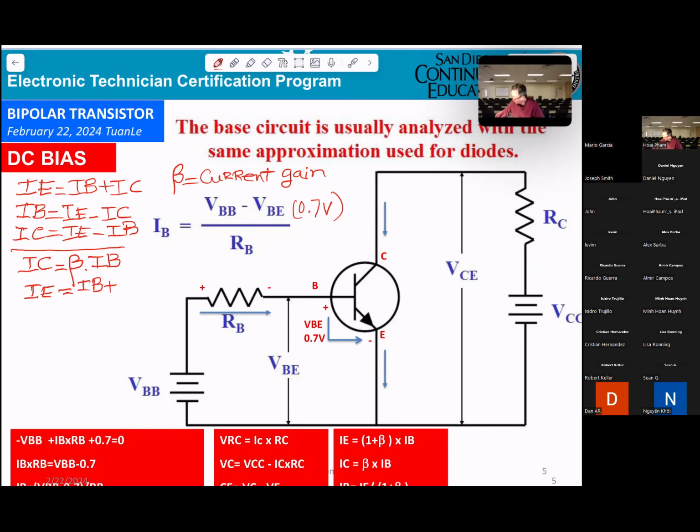IC I don't want. I want beta times IB. And that also equals IB times 1 plus beta.